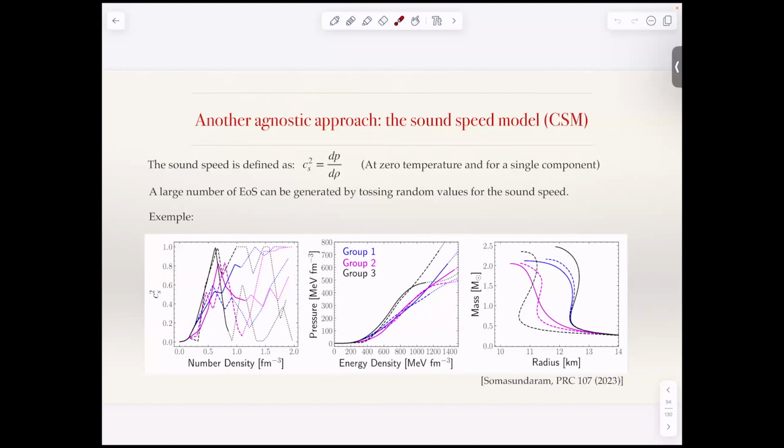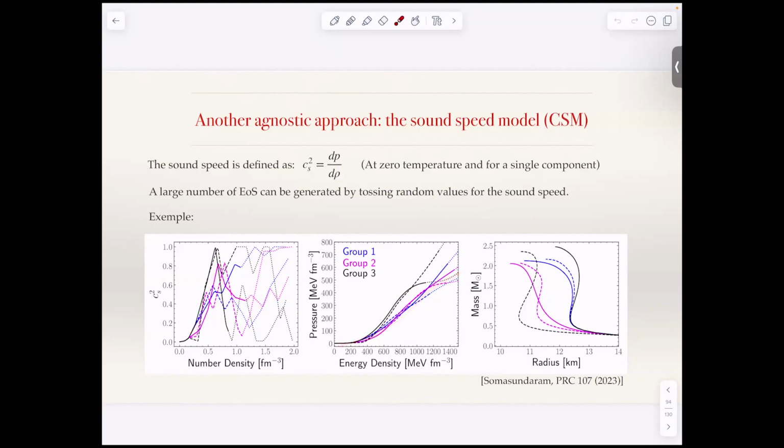And then once I have the sound speed, I reconstruct the equation of state. This is an example. For each of these lines, you have the pressure versus the energy density generated by this random toss. For instance, if I take the solid black line here, I will have this equation of state, and if I take the pink one, I will have another equation of state, which is here.